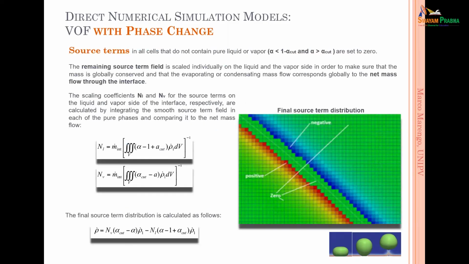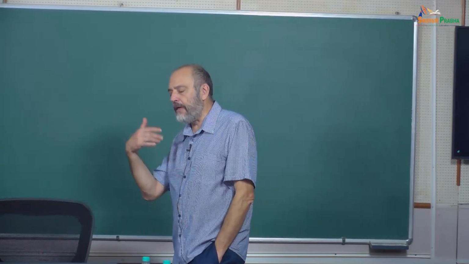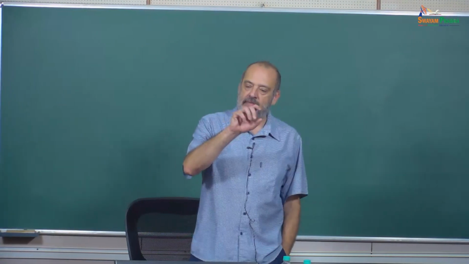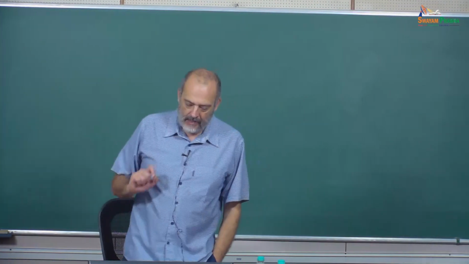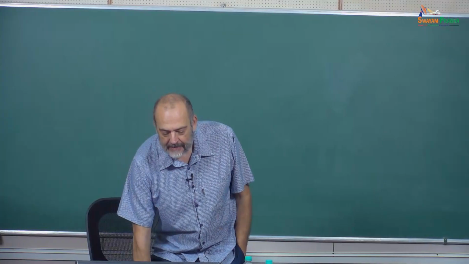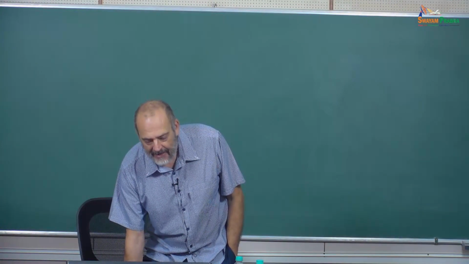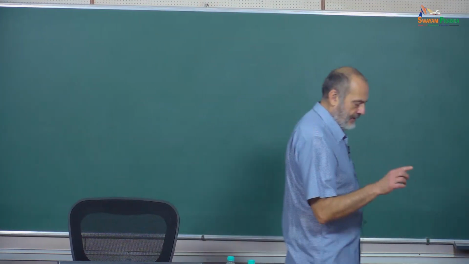So instead of reconstructing precisely the interface, before reconstructing the interface, we are allowing the surface, let's say the interface, to have a given dimension. Okay? So what is happening is that we have a value that is not precisely determined.